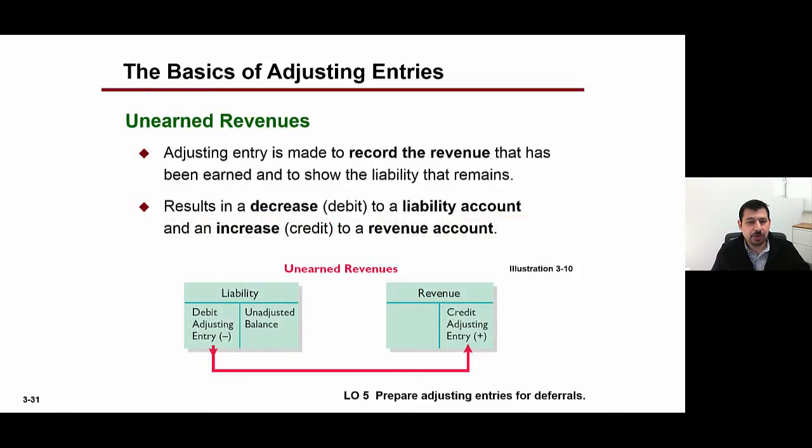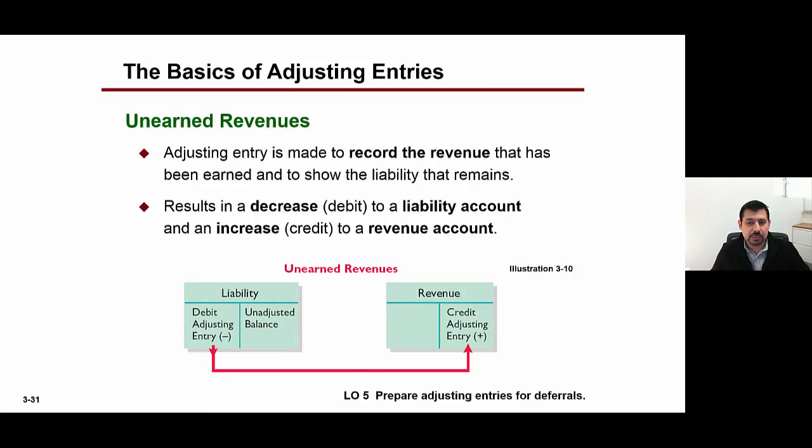And the way we do that, with the original entry, we had an increase in liability. That was unearned revenue. Because when we made the original entry, the trial balance before adjustment includes the information of the original entry, and that would say that they had the full year, 12 volumes, as liability.